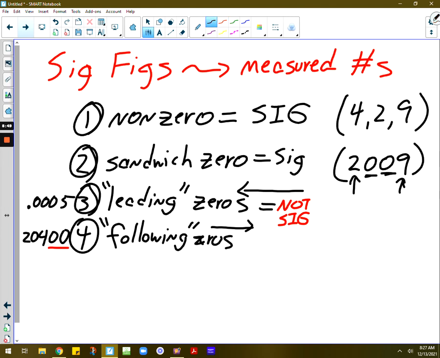This is the only time when there's an if. If there is a decimal, then they're significant. It doesn't matter where the decimal is, but if there is a decimal that is being shown in that measurement, then they're considered significant. If there is no decimal, then they are not significant.